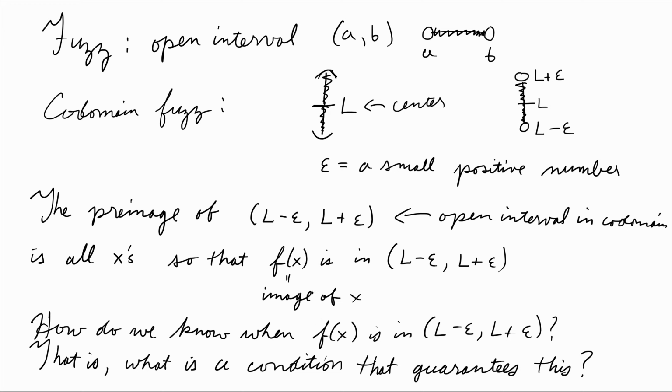So we want all x's so that their images, f of x itself, is actually in there. That's just another way of saying what the preimage is, the shadow that's cast. So how do we know when f of x is in there? How do we know that something's actually in the preimage? Is there a condition that we can write down that would guarantee that? Let's just think about that for a minute.